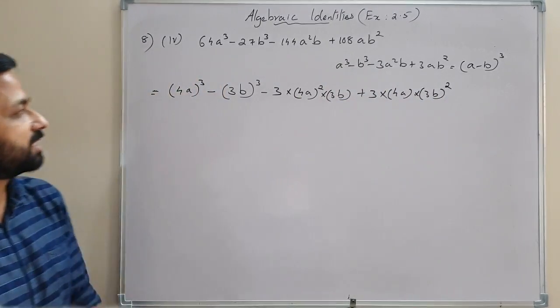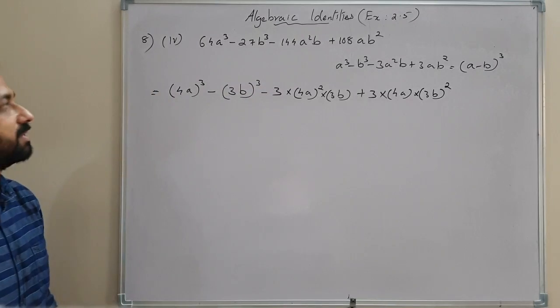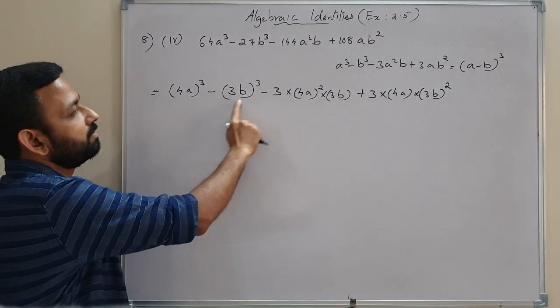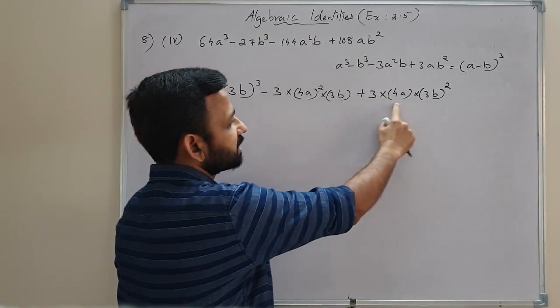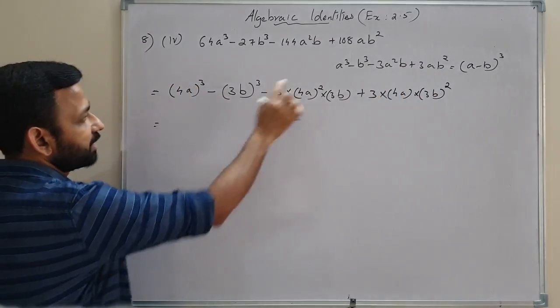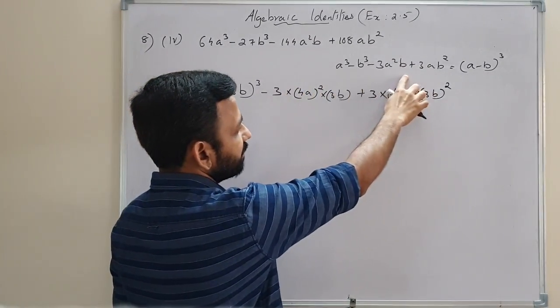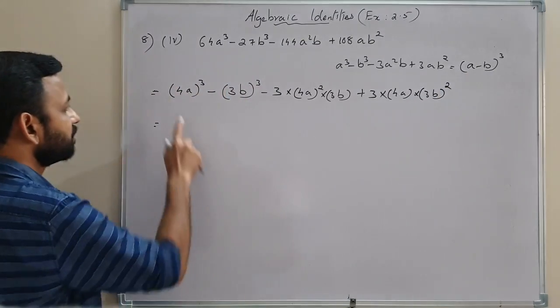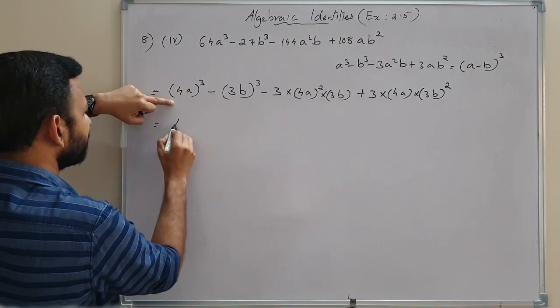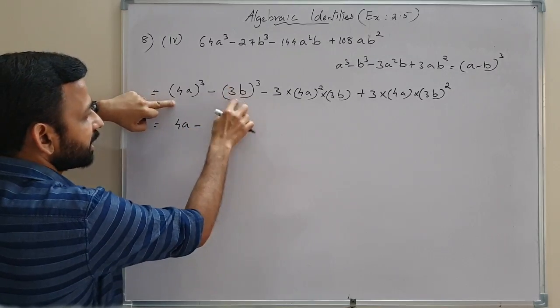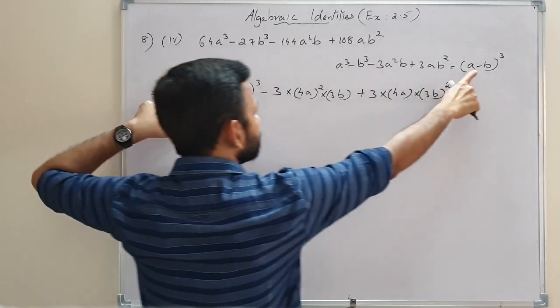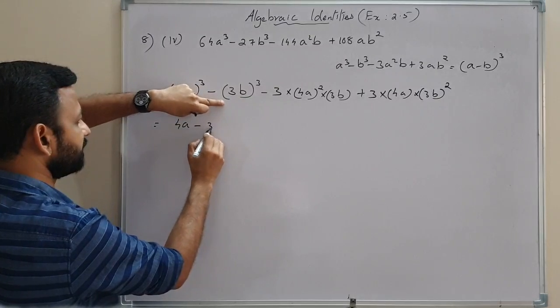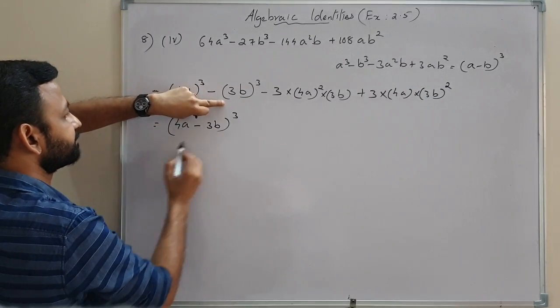So we reduced the given expression into the identity form, a cube minus b cube minus 3a square b plus 3ab square, which equals (a minus b) whole cube. In the place of a we have 4a, and in the place of b we have 3b.